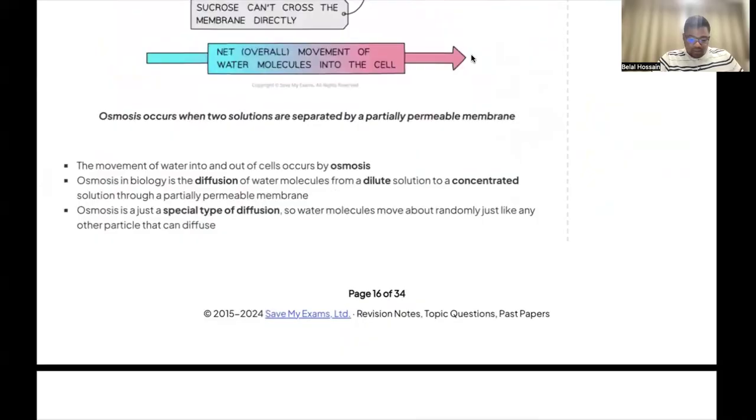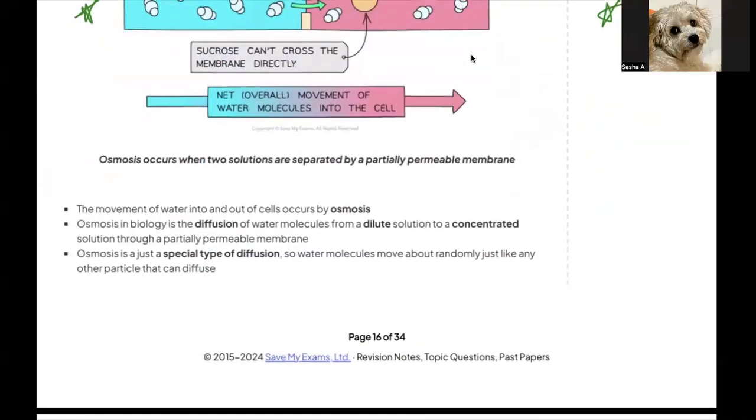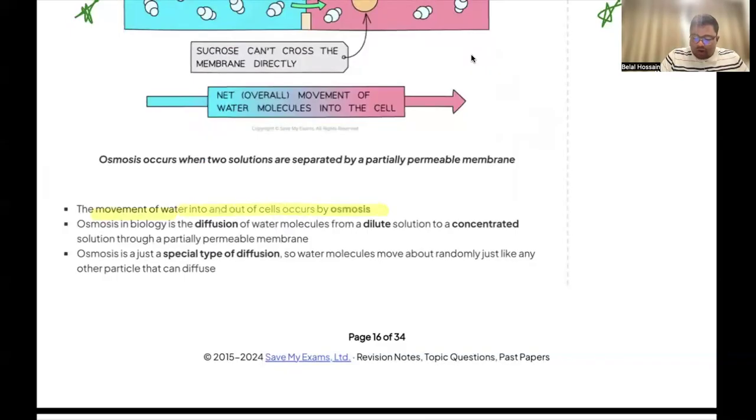The movement of water into and out of the cell occurs by the process called osmosis. So what is osmosis?